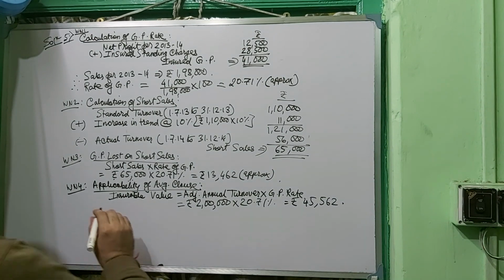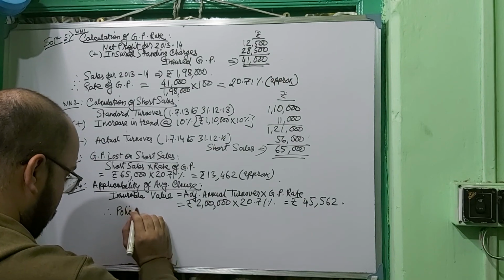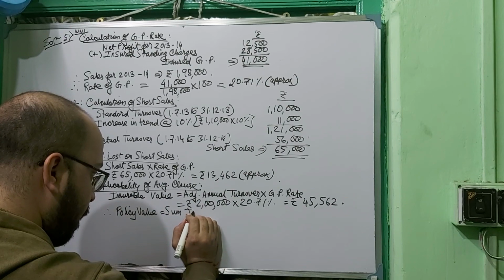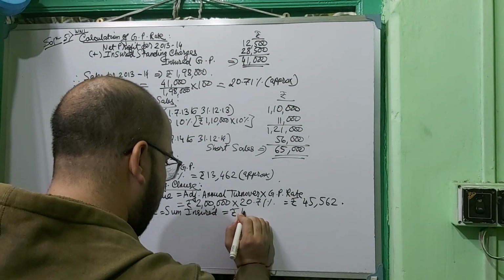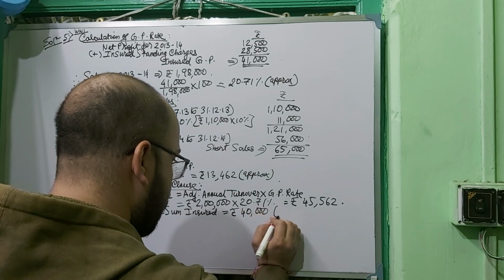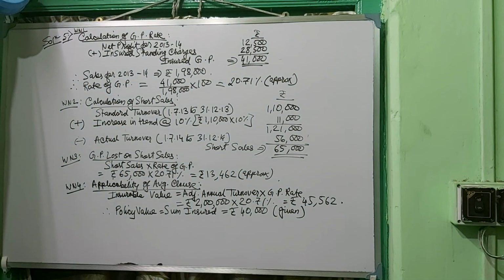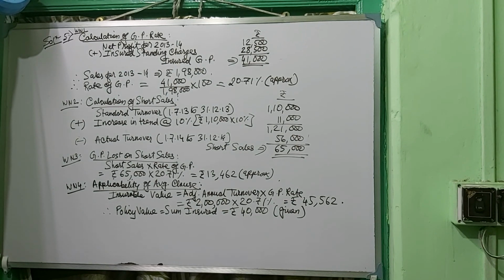Policy value has been given in the sum, which is the sum insured, 40,000. As I have explained, whether average clause is applicable or not: if it is under insurance, then obviously applicable. If it is over, then not applicable.